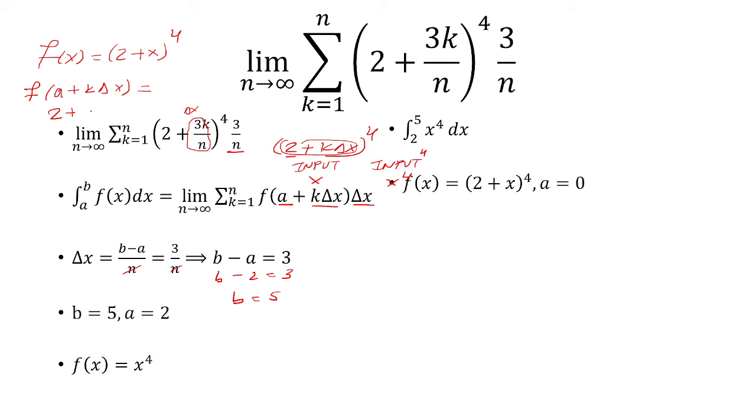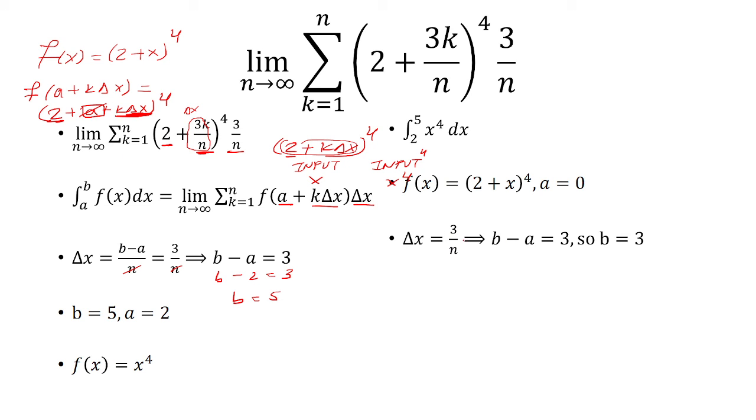So we have 2 plus, and then a plus k delta x raised to the 4th power. Now, this what we said before was k delta x. We had the 2, so that's why a has to be 0. And so these two are identical.